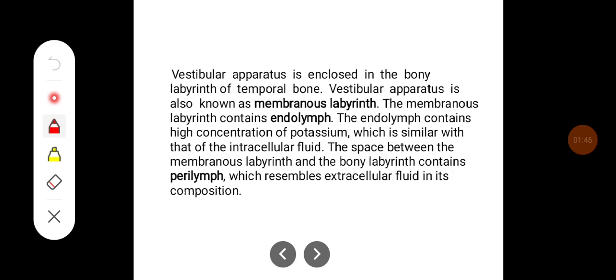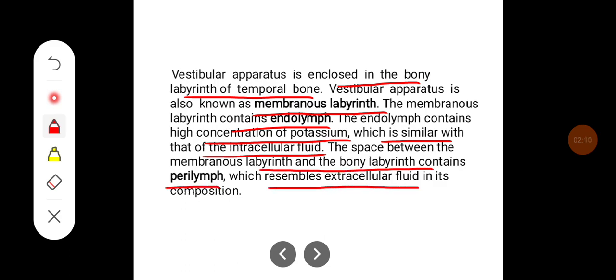Vestibular apparatus is enclosed in the bony labyrinth of temporal bone. Vestibular apparatus is also known as membranous labyrinth. The membranous labyrinth contains endolymph. The endolymph contains high concentration of potassium, which is similar to that of intracellular fluid. The space between membranous labyrinth and bony labyrinth contains perilymph, which resembles extracellular fluid in its composition.